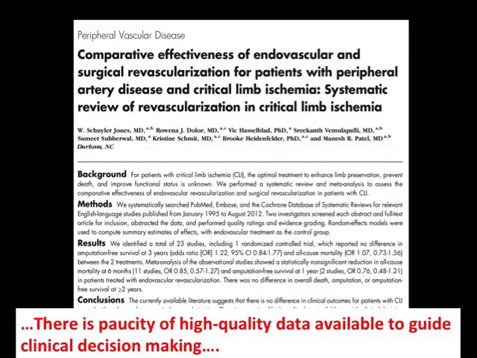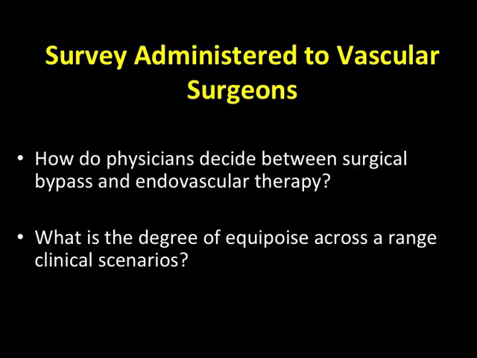And so it is no surprise that a recently published meta-analysis by Skylar Jones and Manesh Patel of endovascular and open surgery comparative effectiveness studies found that there's paucity of high-quality data that is available to guide clinical decision-making. Well, we wanted to know how physicians decide between surgical bypass and endovascular therapy in critical limb ischemia, and to what degree of equipoise there's a range across these clinical scenarios.